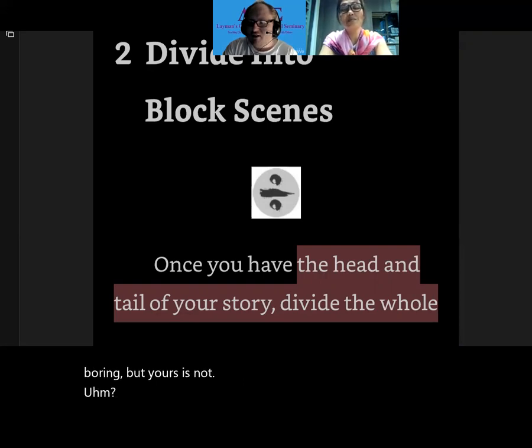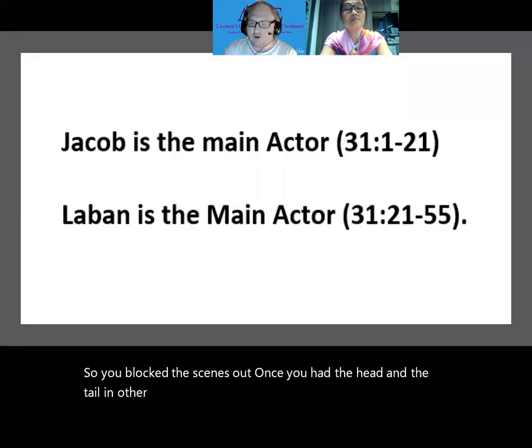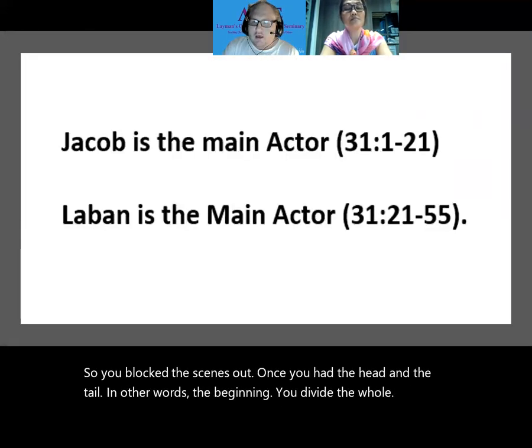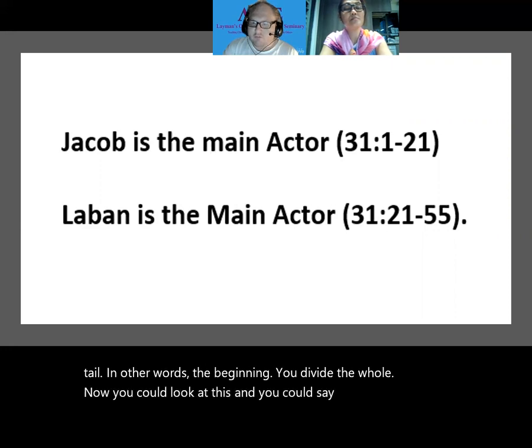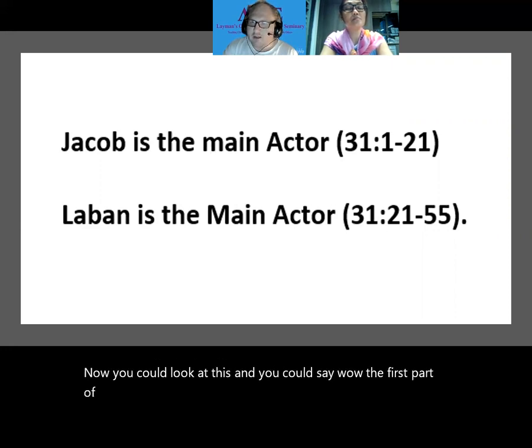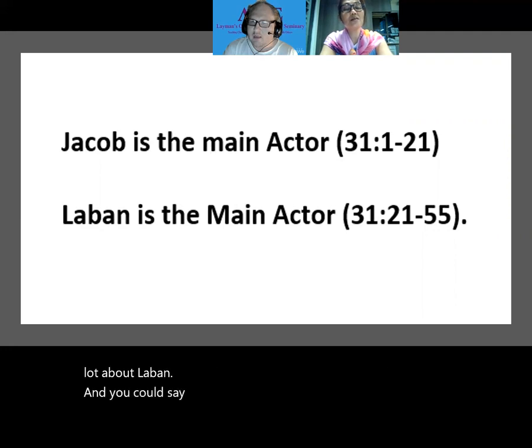So you block the scenes out. Once you have the head and the tail, in other words the beginning and the end, you divide the whole. Now, you could look at this and say, wow, the first part of this chapter talks a lot about Jacob, and the second part talks a lot about Laban. Does that mean the person talked about more is the main actor?